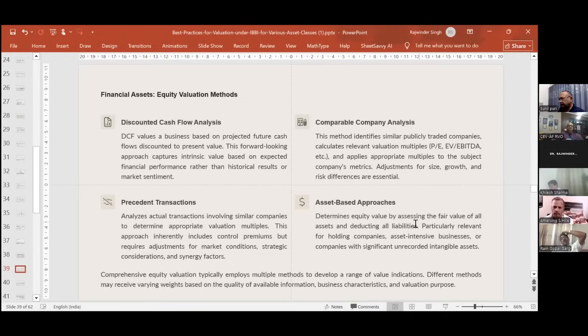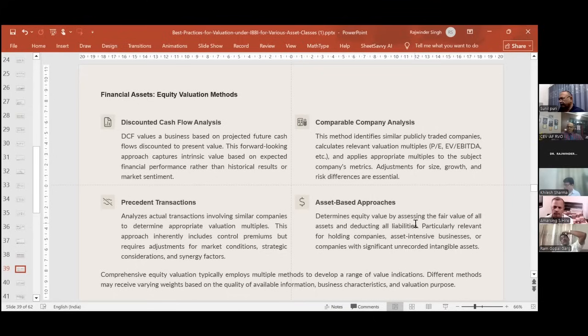Then for the third asset class, that is the financial asset class, first of all we will discuss the equity valuation methods. The first method is discounted cash flow analysis.